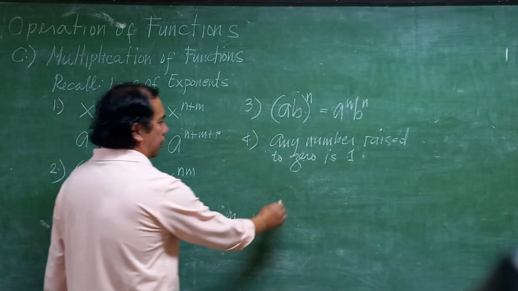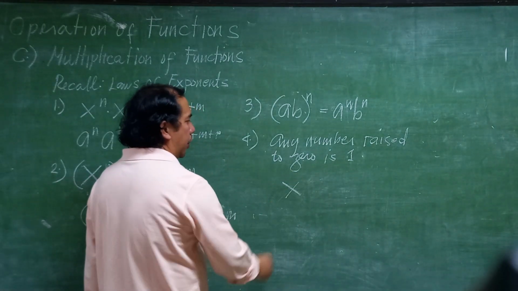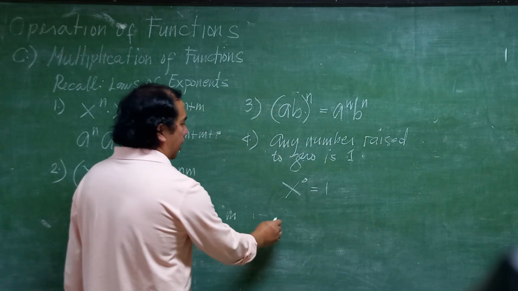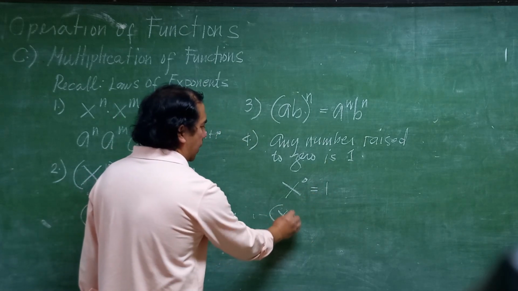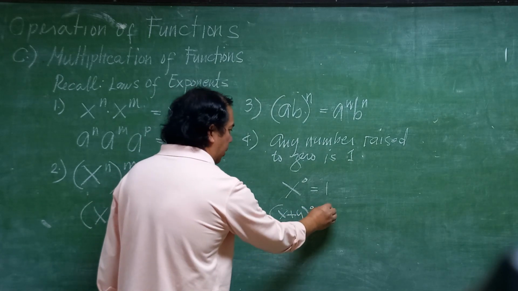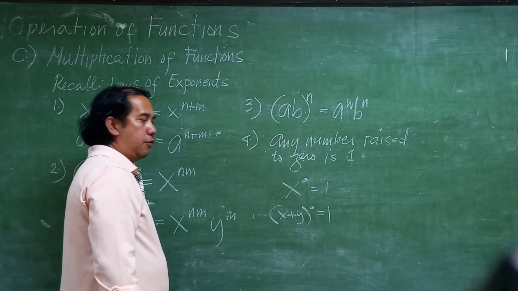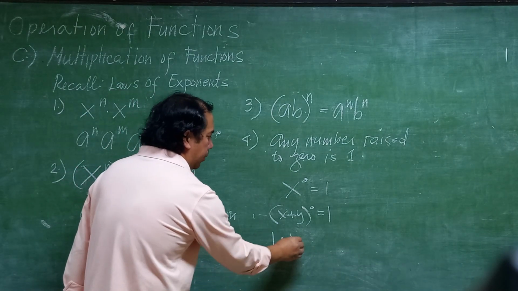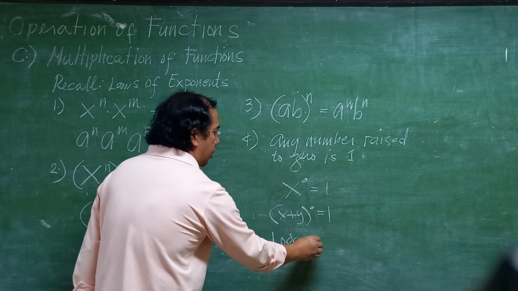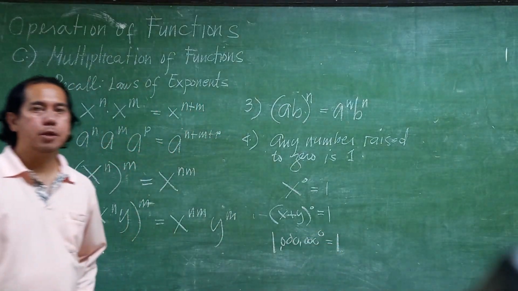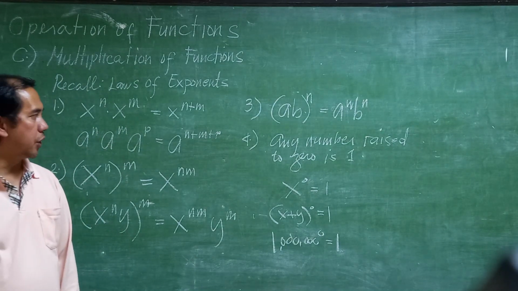Meaning, if I have x raised to 0, the result will always be 1. If I have the quantity x plus y raised to 0, the result will always be 1. If I have 1 million raised to 0, the result will always be 1. So these are the things that we need to consider.